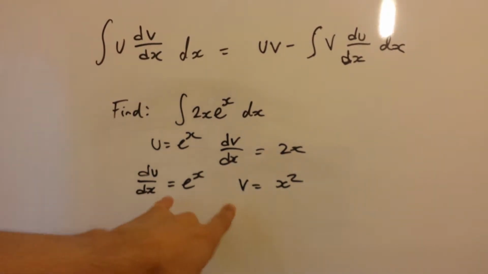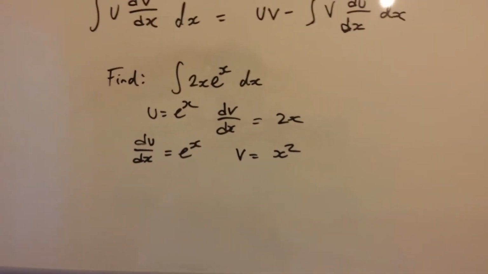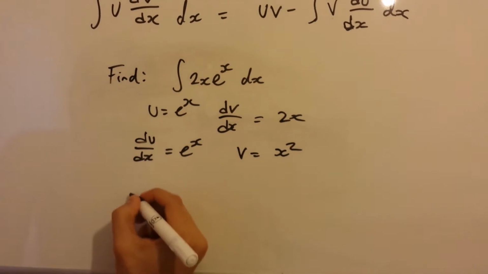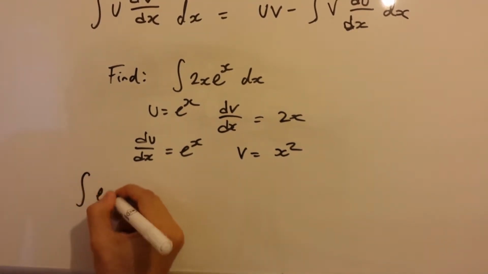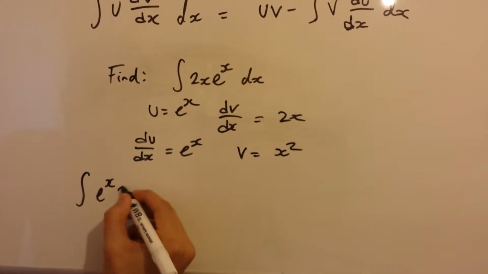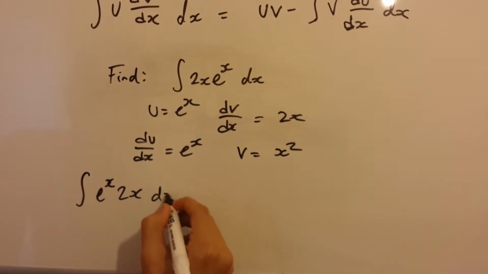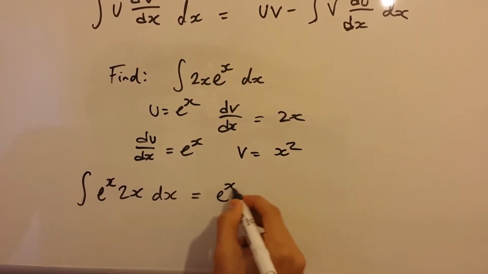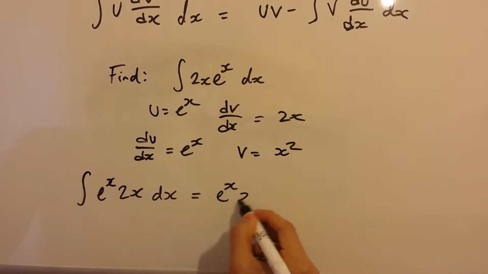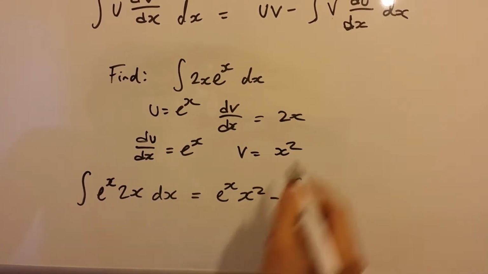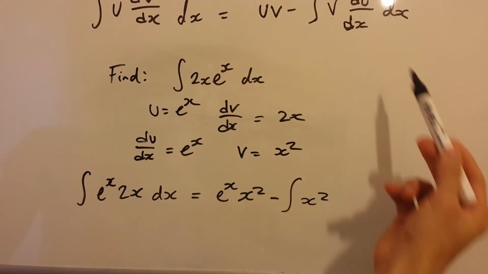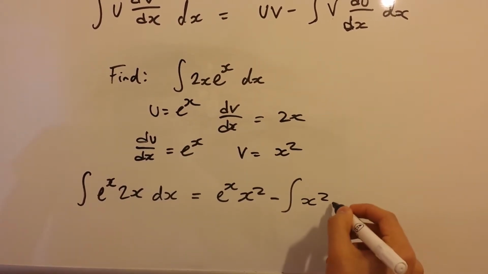Now, if we substitute these into this equation, we will get the following: the integral of e to the x times 2x is equal to u multiplied by v, which is e to the x multiplied by x squared, minus the integral of v multiplied by the derivative of u, which is e to the x again.